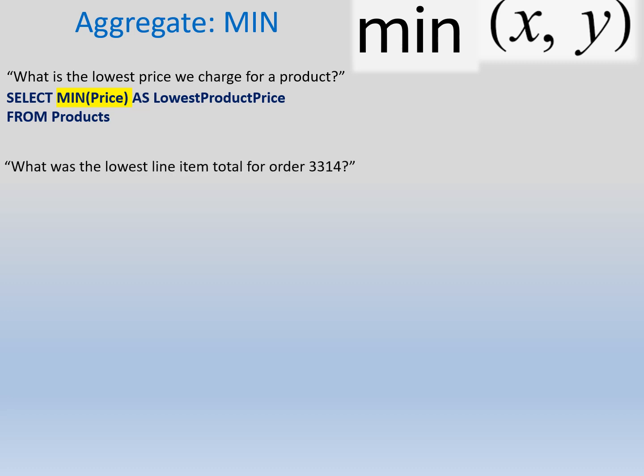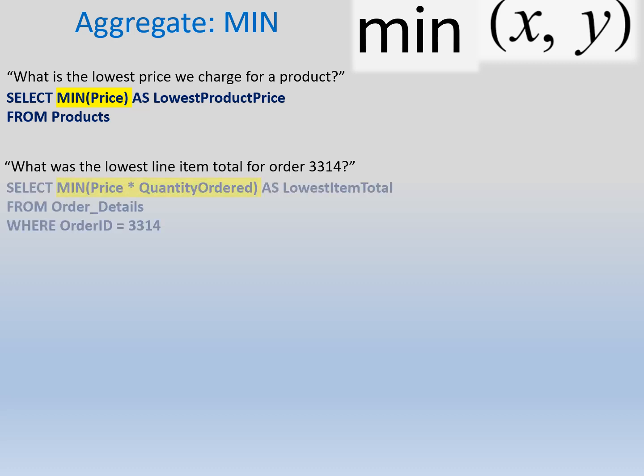Our next query, what was the lowest line item total for order 3314? So we do have a condition for the where clause, order 3314, and we do have a calculation, line item total. The select statement contains the min aggregate with open parentheses price times quantity ordered close parentheses.